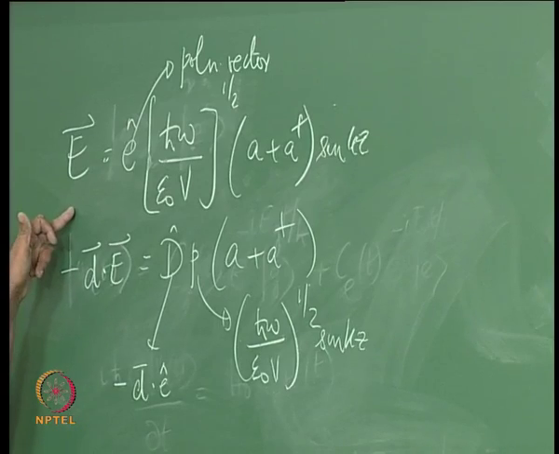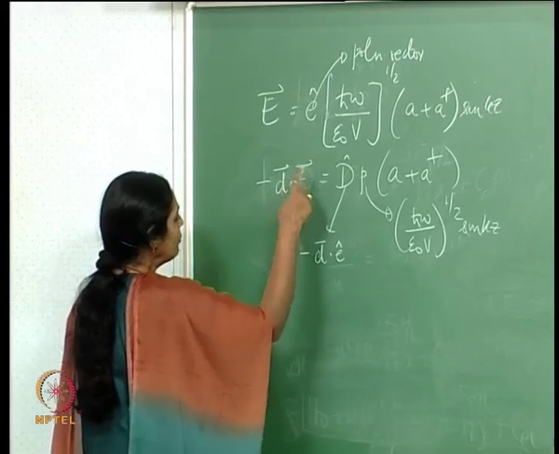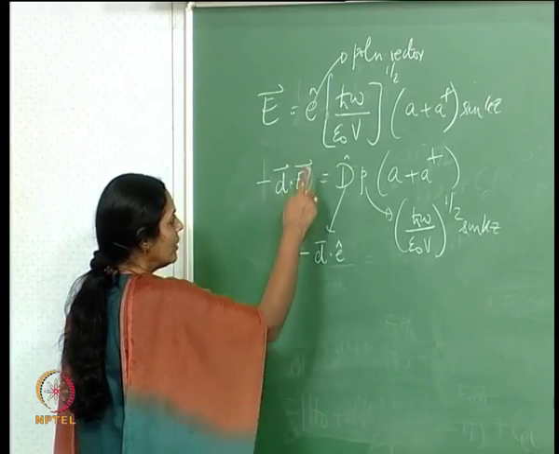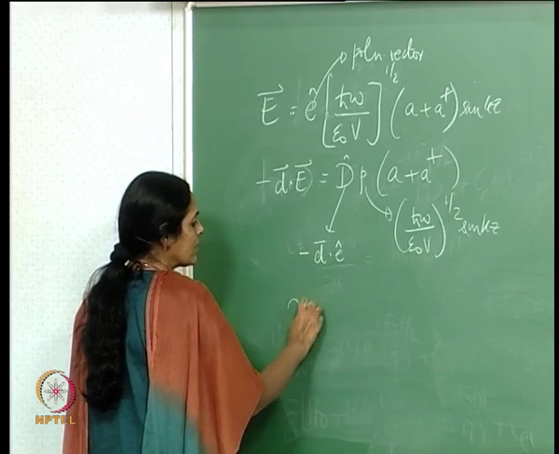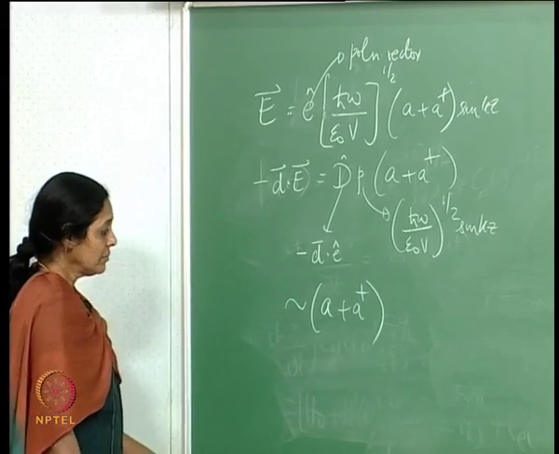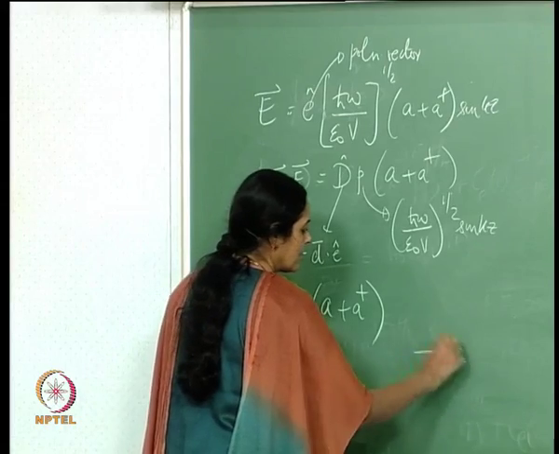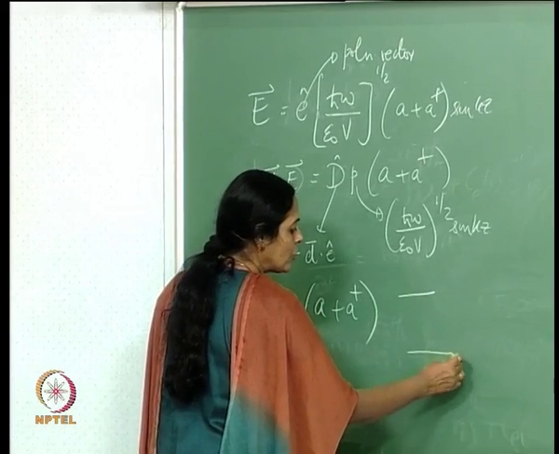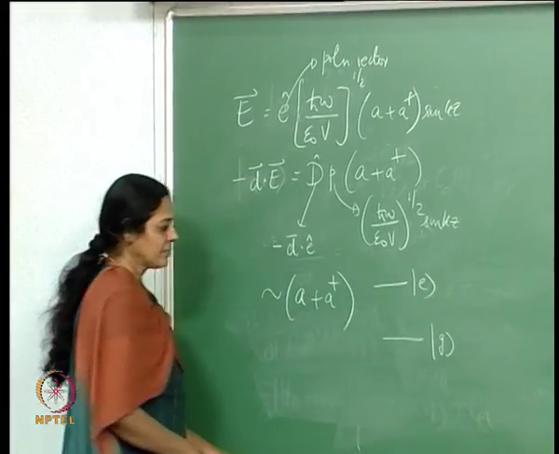This is the expression which is familiar to you, which we have derived earlier. And now if you look at this, you have this electric field, which is, in terms of operators, essentially A plus A dagger. And this is supposed to interact with the two-level atom operators.